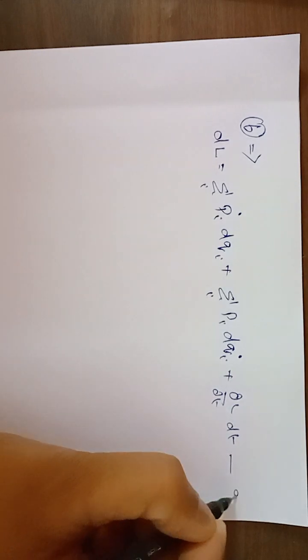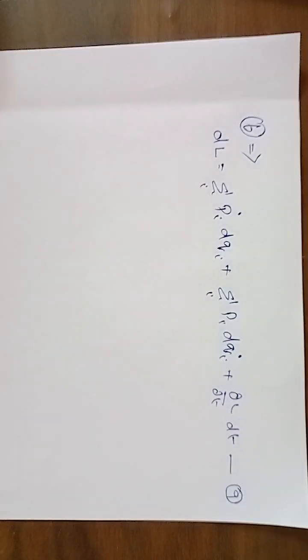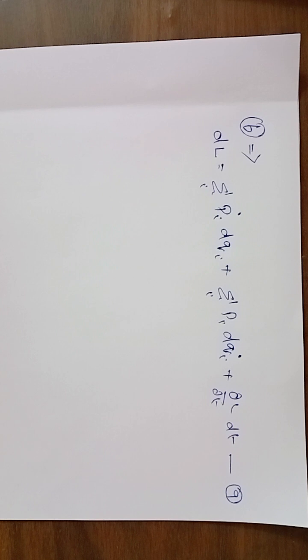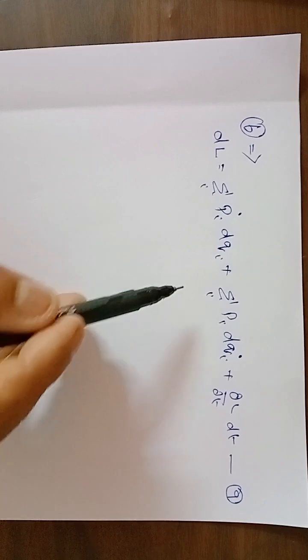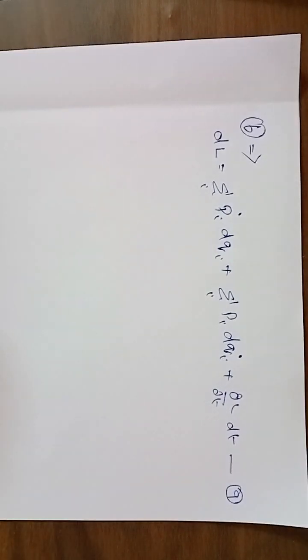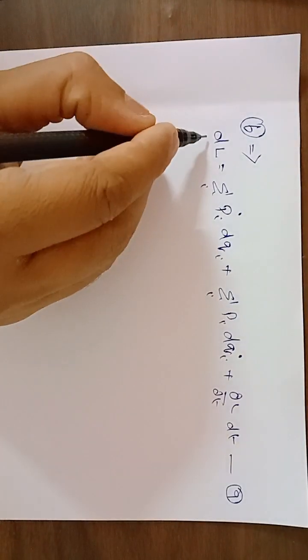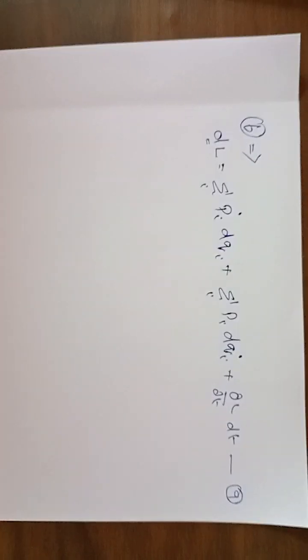This is equation number 9. So in equation 6, I am substituting the value of ∂L/∂qi as pi dot and ∂L/∂qi dot as pi. I am making this equation number 9.